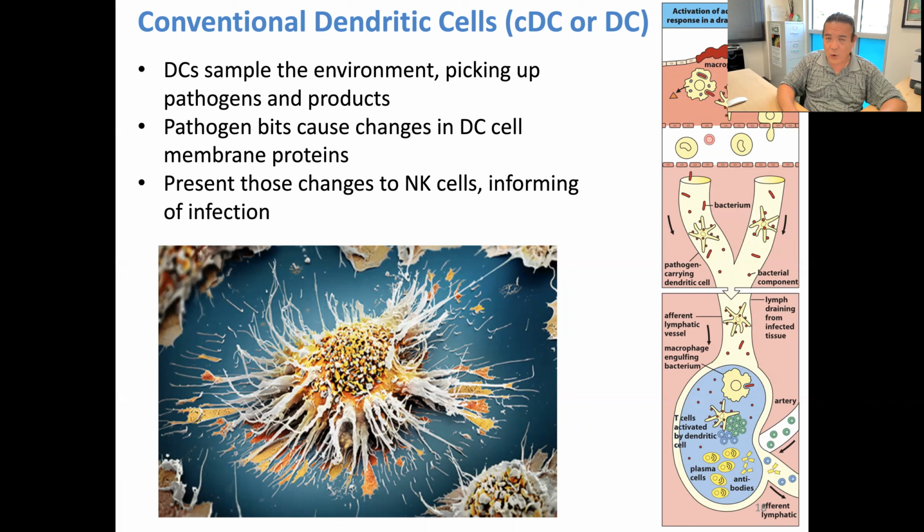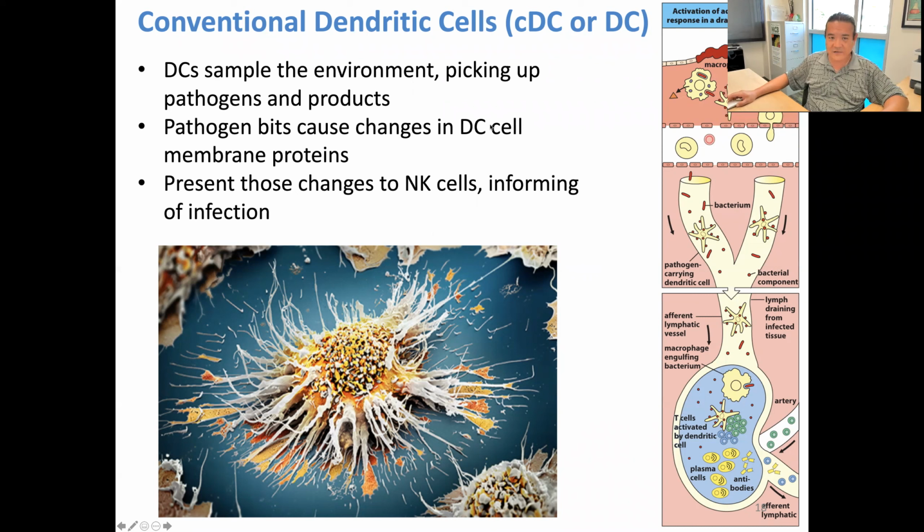Dendritic cells just kind of wander around picking up bits and pieces of stuff, right? And they collect stuff, and their job is to bring that stuff to some places in your body where you have a lot of other immune cells that are ready to kind of check the stuff out and see what the dendritic cells are finding.